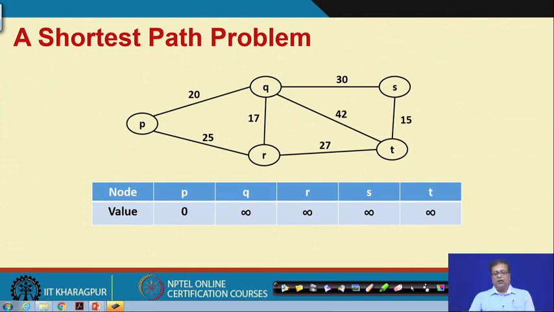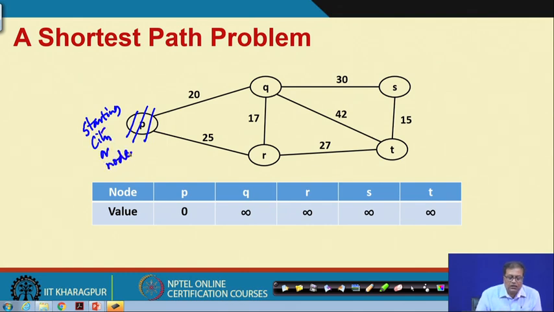What we do in the very beginning is assign a label to every node. Look here, P is our starting city or node. We assign a label 0 to the starting city.